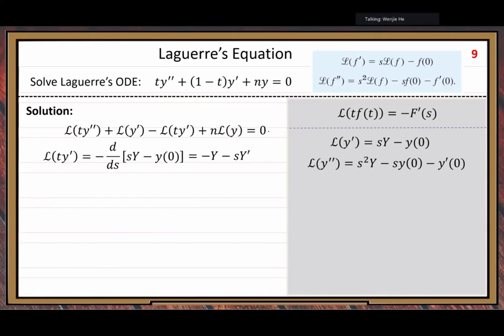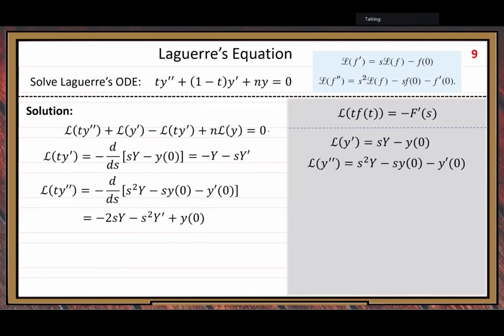Then t, by that t formula, negative d over ds on the Laplace transform of y double prime. The constant term is gone. Product rule again. So after simplification, we have this one.